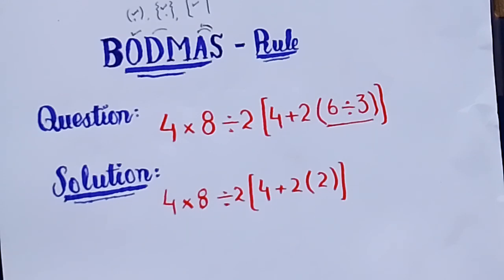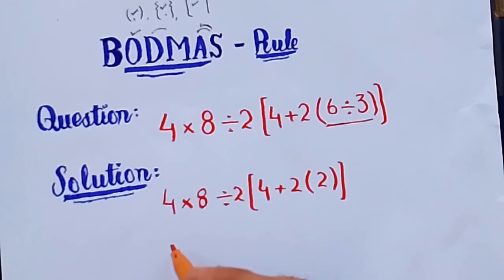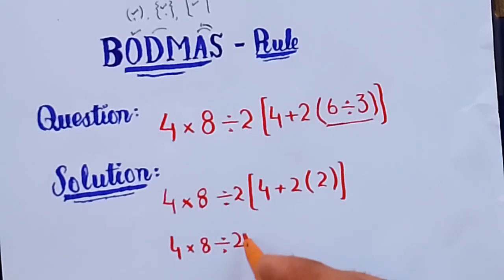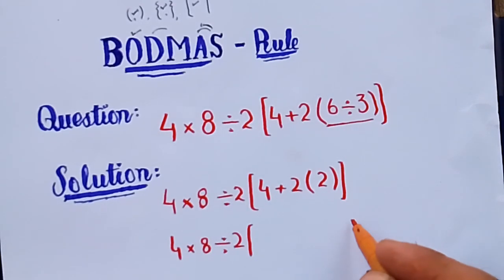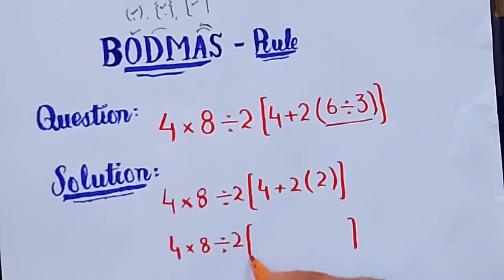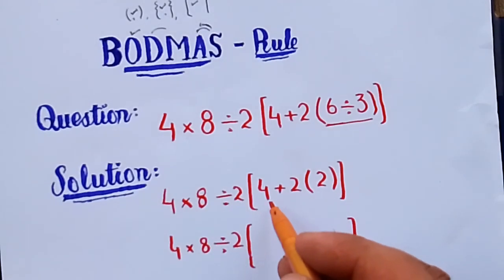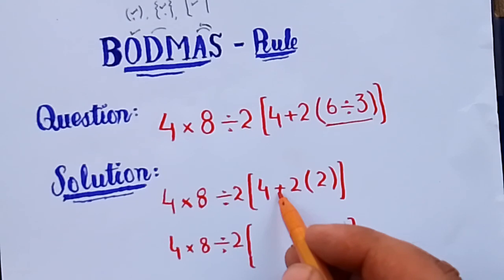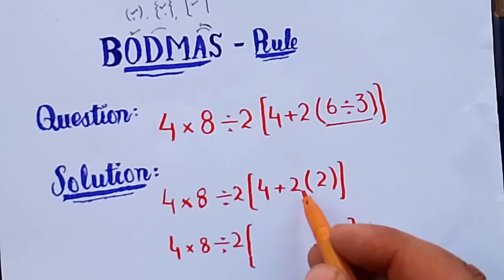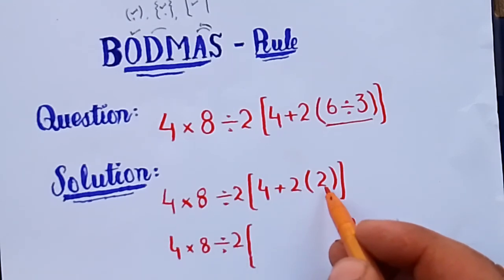After that we will solve the large bracket. 4 multiply 8 divided by 2, and we have to solve the large bracket. But in the large bracket there are two operations. The first one is addition, and the second one is multiplication. This 2 is multiplied with 2.